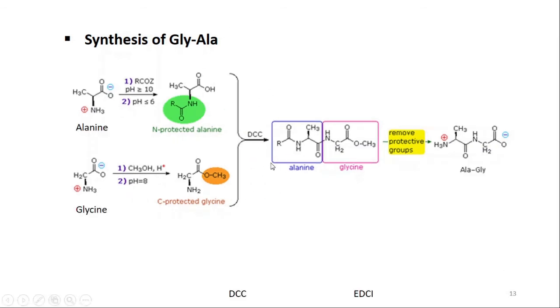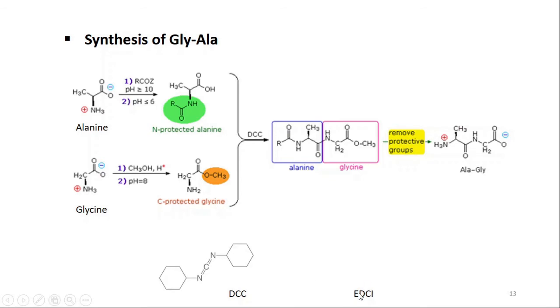The structure of DCC is dicyclohexylcarbodiimide. You have dicyclohexyl groups and the carbodiimide group in between. So, then in the CONH formation, you will get a urea derivative as the end product, which can be easily removed by column.